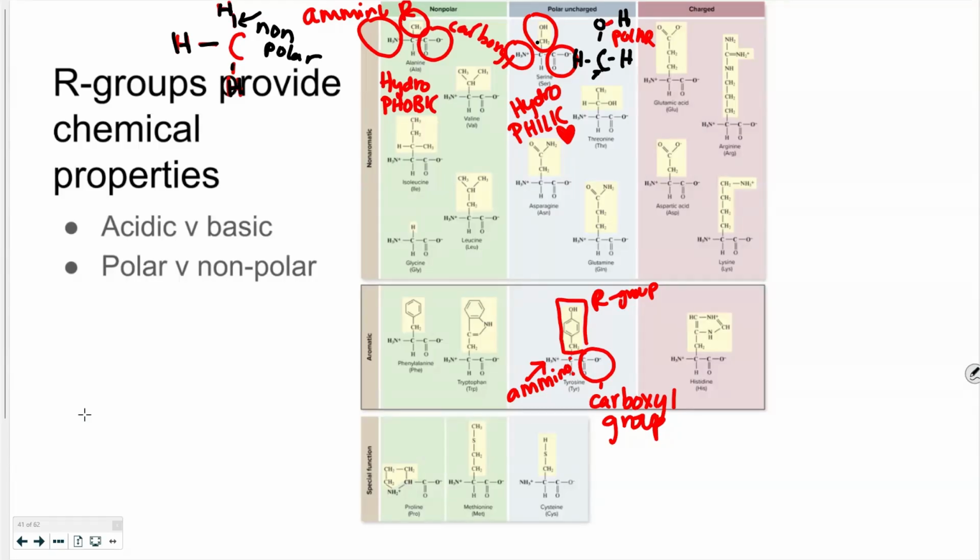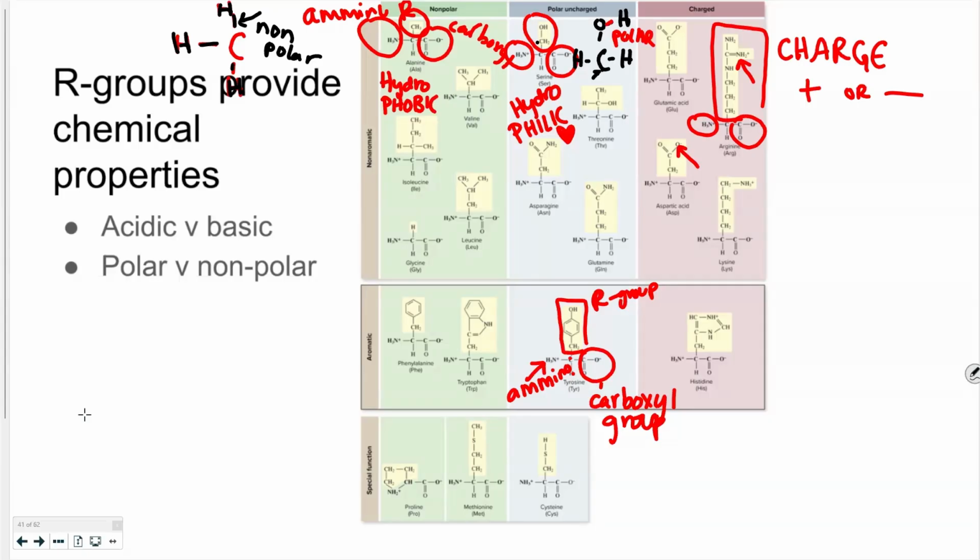Let's look at arginine. Amino group, carboxyl group, R group. Aha, look at here. We have a charged particle. It can be a positive charge. This dude over here is a negative charge.